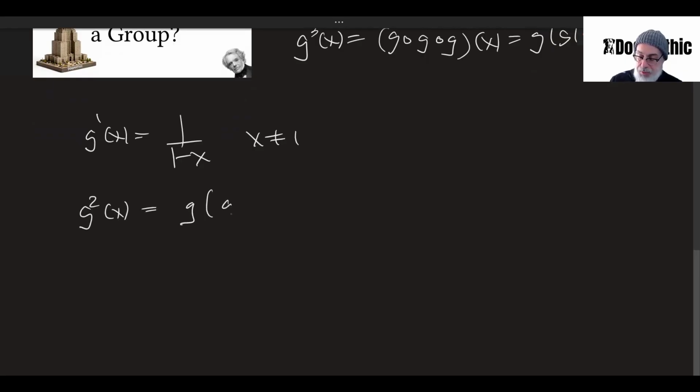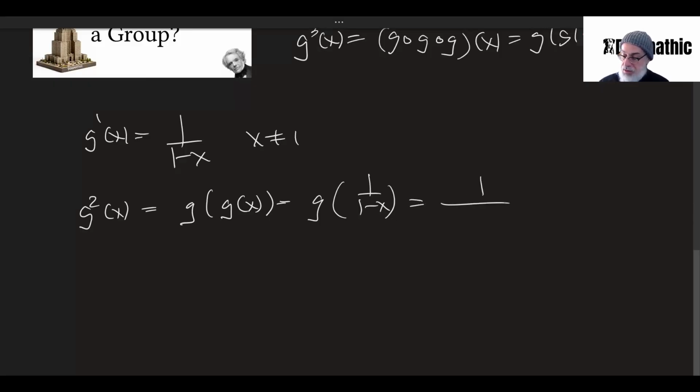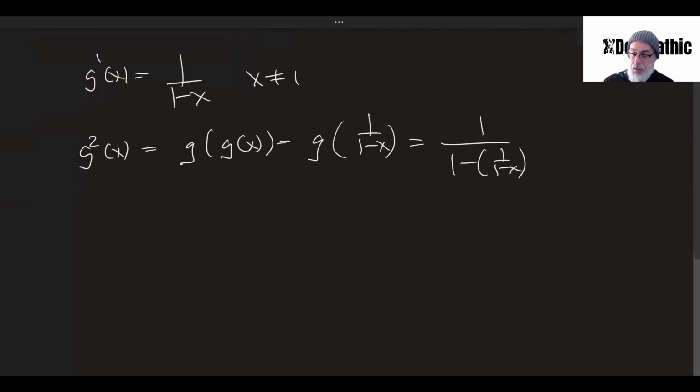Again, this is g composed with g, which is essentially taking g and putting g inside of itself, which looks like this. All right, so if we clean that up, we get 1 over, now I need a common denominator to add those.